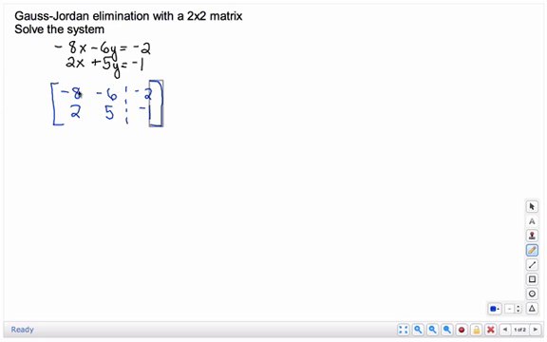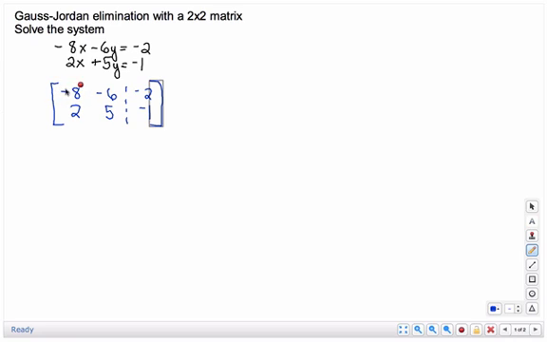We're going to convert this -8 to a 1, and then our next thing is we're going to change this to a 0, and then the next thing we're going to change whatever's in this position here. So we're going to start here with the -8, convert this to a 1, then go to this position here and convert this to a 0, convert the number that's in this position to a 1, and then convert this to a 0. That's the order we're going to go in, because the ALEKS program is going to actually want you to fill in each of those values.